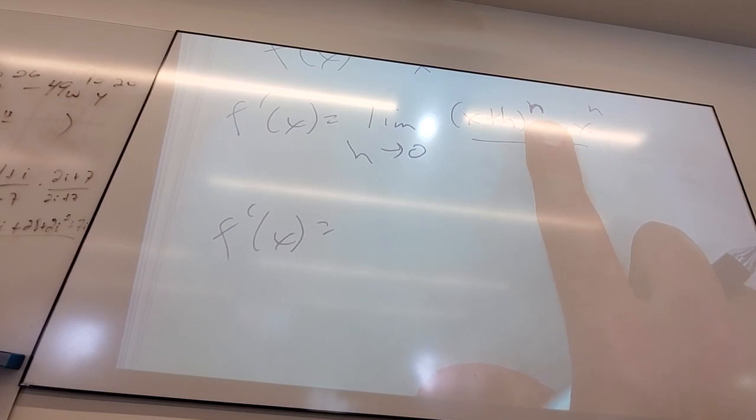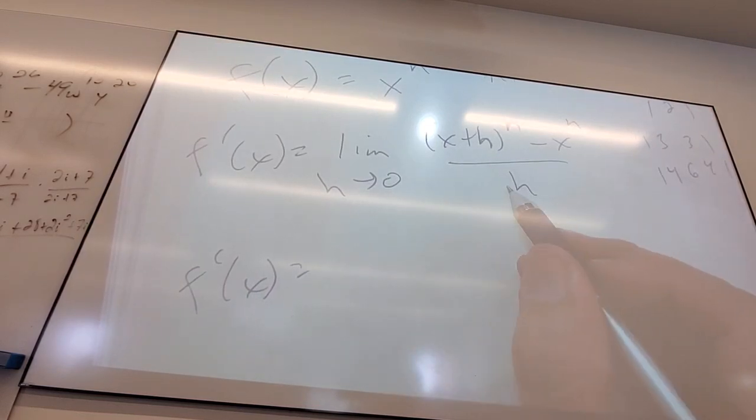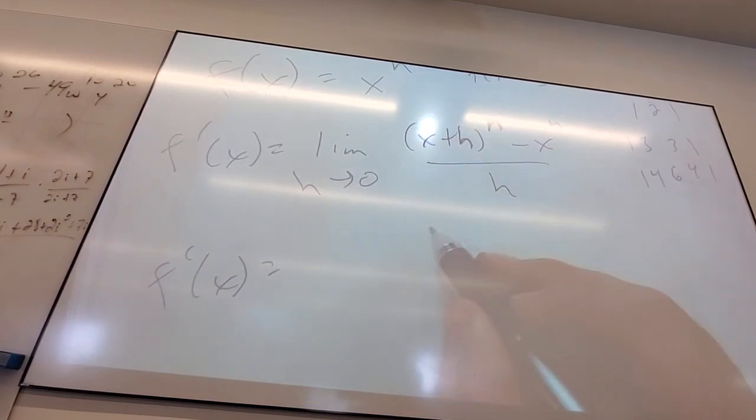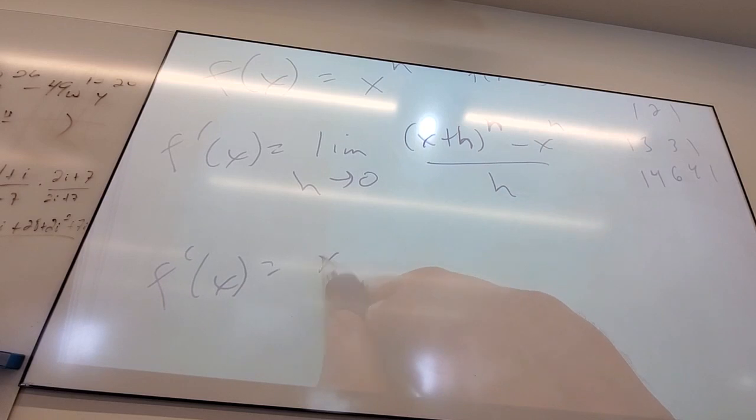Do you all agree that from Pascal's triangle, the second term has the power in it? The power is the coefficient. The third power was a 3, the fourth power is a 4, yes? If I were to multiply this out, does everyone agree the very first thing I would get would be x to the n?